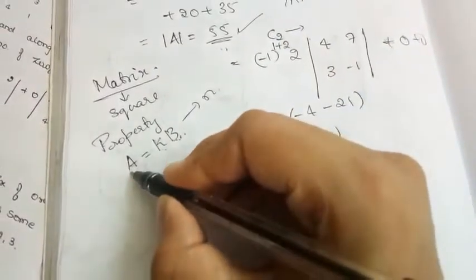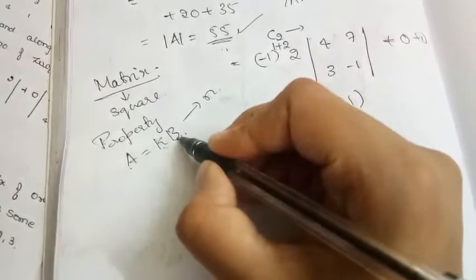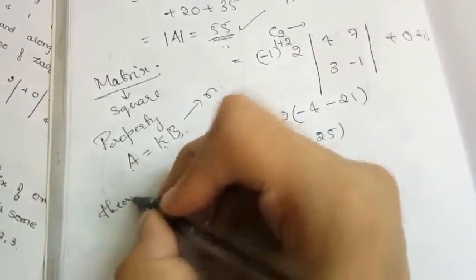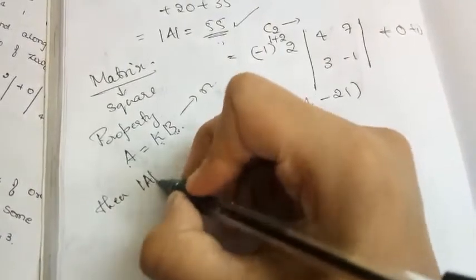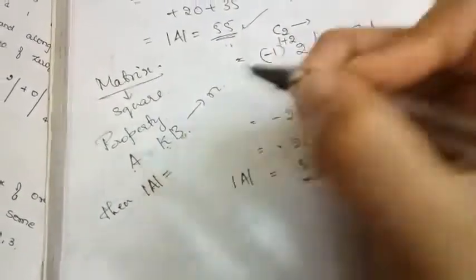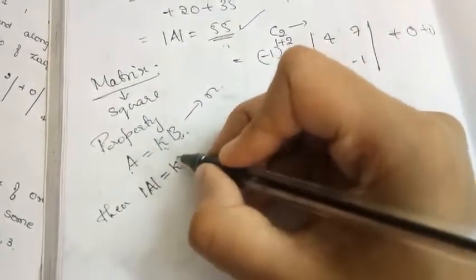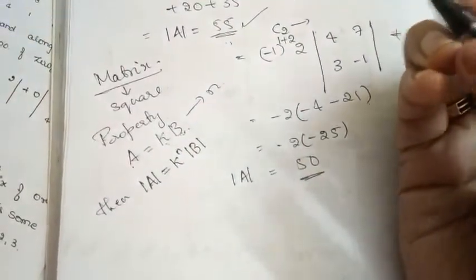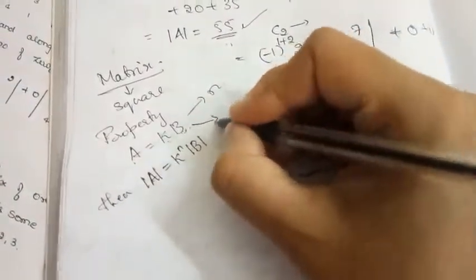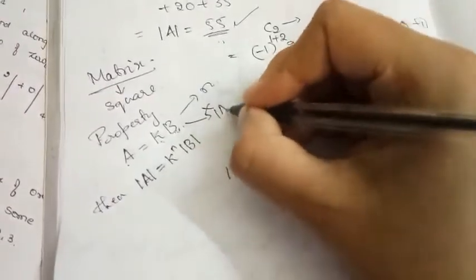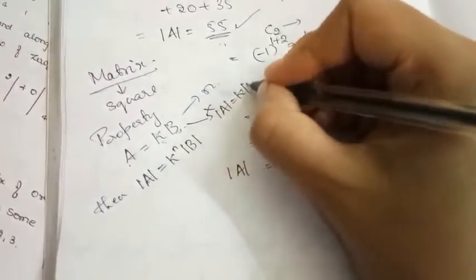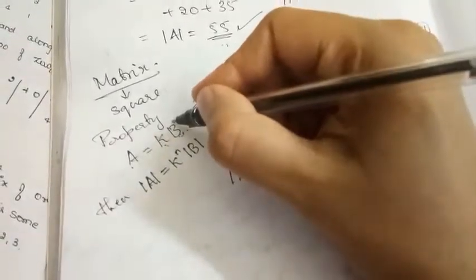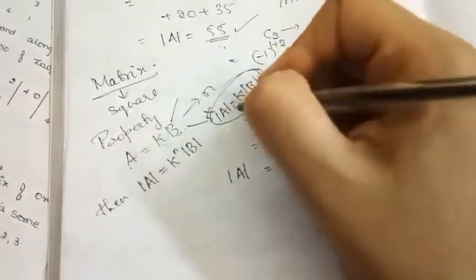So if A is equal to K times matrix B, where A and B are matrices, then the determinant of A is equal to K to the power n times the determinant value of B, but it is not equal to K times the determinant of B. So don't get confused with the concept of matrix and determinants.